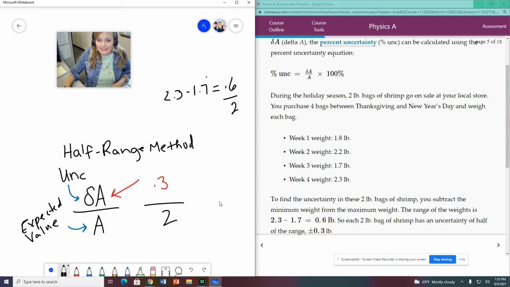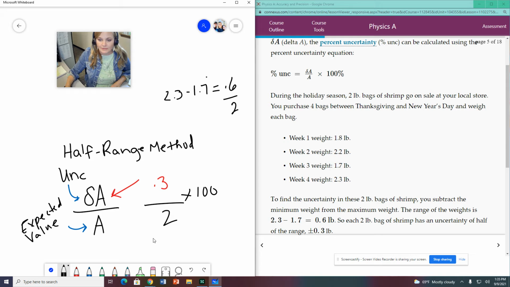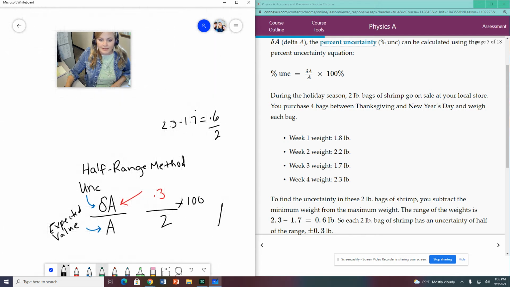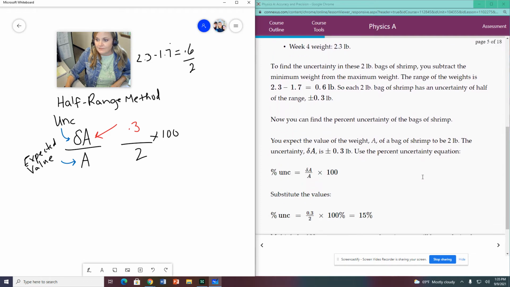So for the percent uncertainty, you take the uncertainty and multiply by 100. So 0.3 is that half range value of the uncertainty, and 2 is the expected value. Then multiply by 100, and that gives me, I think, 15%.